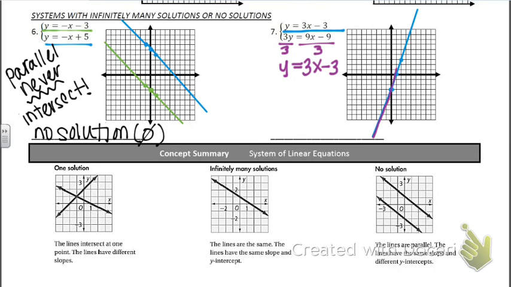It's the same line. Ooh, that's definitely not right. It's the same line. So how many times does the purple graph intersect the blue graph? Always. So we call that infinitely many solutions. Okay? So they always are touching.